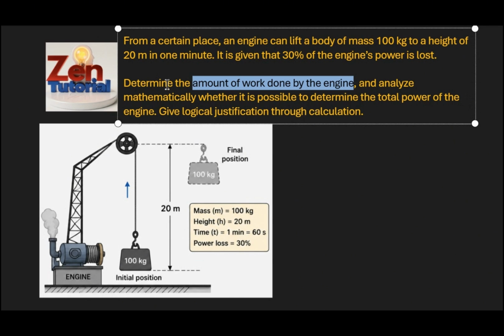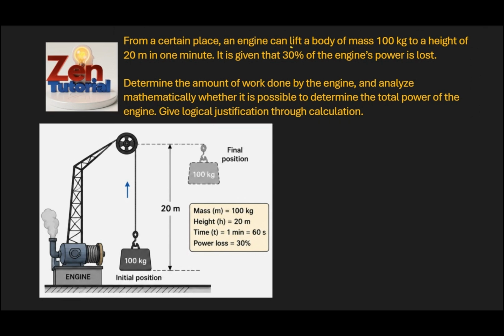So the very first one, we have to calculate the amount of work done by the engine. The engine has been shown here, and the capacity of the engine is not given, but the lost power is given.